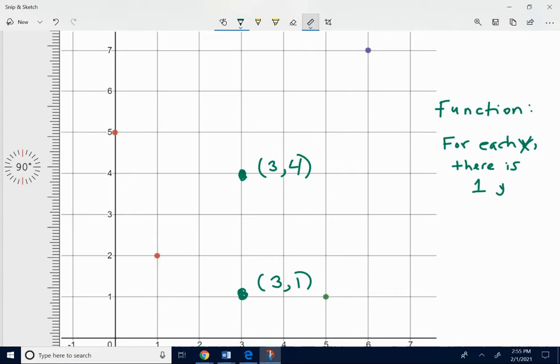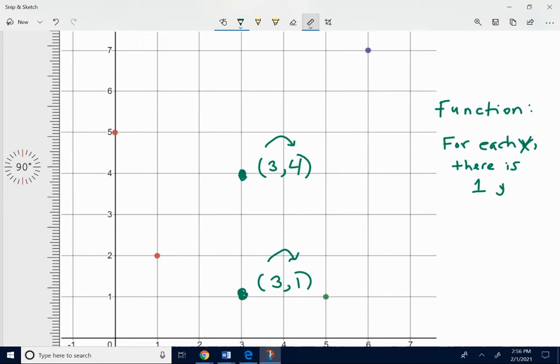For each x, there has to be one y. In this particular problem, for x equals 3, we get y being more than one number. It could be 1 or 4. That's what makes this not a function: for x equals 3, you have more than one y value. You have 1 and 4.